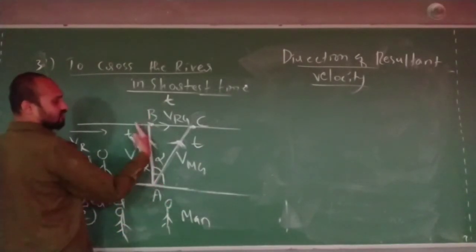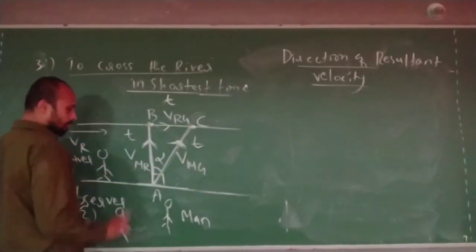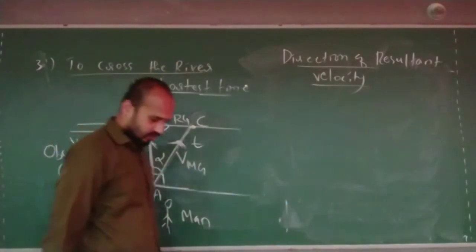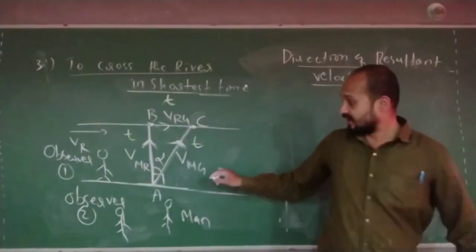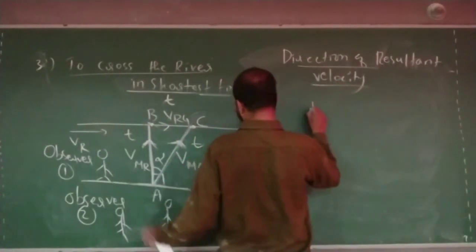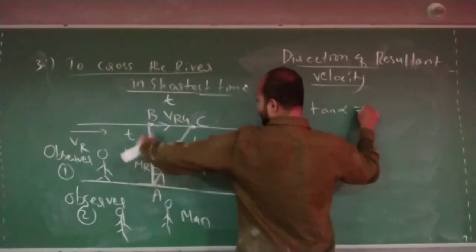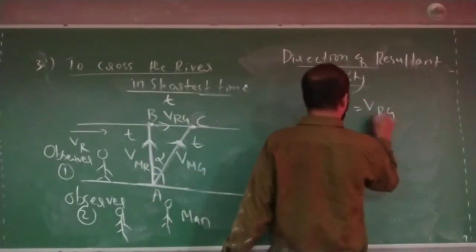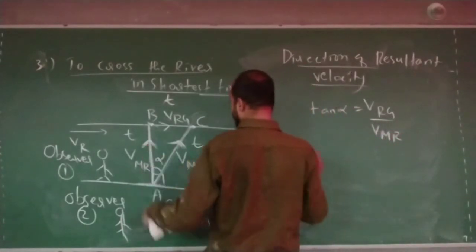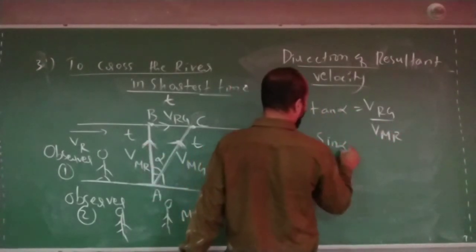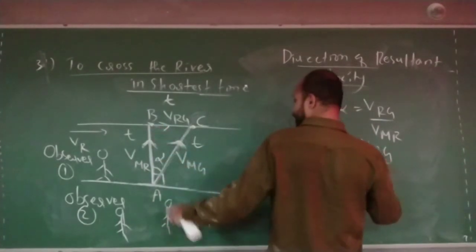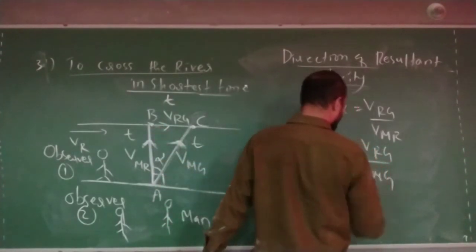If you travel like this, water will push like this. This is the velocity of man with respect to river, and this will be the velocity of man with respect to ground. That is the resultant velocity. Okay? So here tan alpha can be written as Vrg divided by Vmr, or sin alpha you can write as Vrg divided by Vmg.